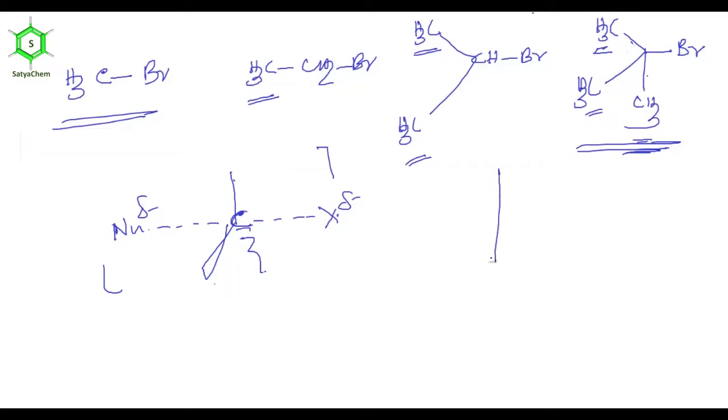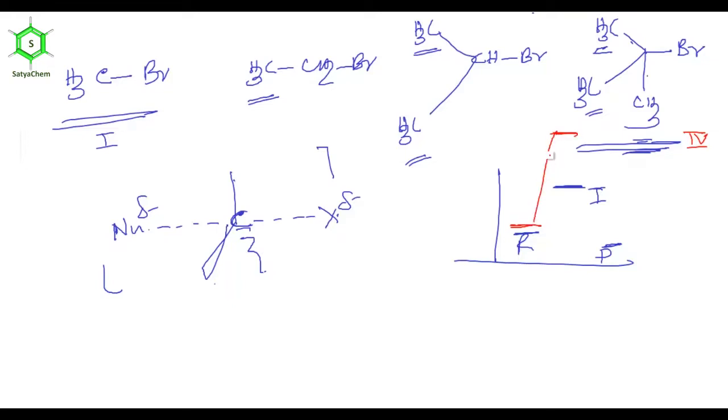See, this is the reactant, this is the product. This is the transition state for 1, and this is substrate 4, and here this is the transition state.